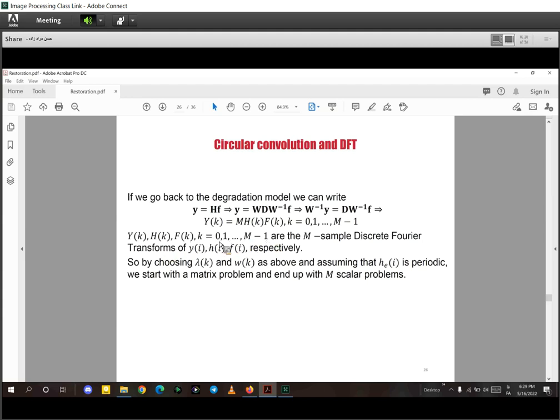Y k, H k, F k, all of them for k from 0 to M minus 1, are the M-sample discrete Fourier transform of the input, system impulse response, and output, respectively. That means the frequency domain turns circular convolution into a product, which is much simpler.